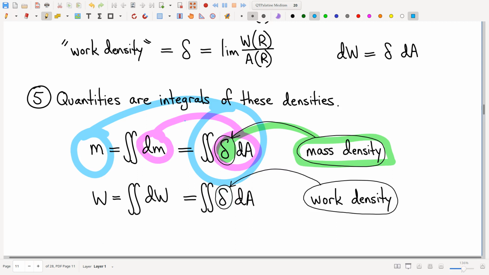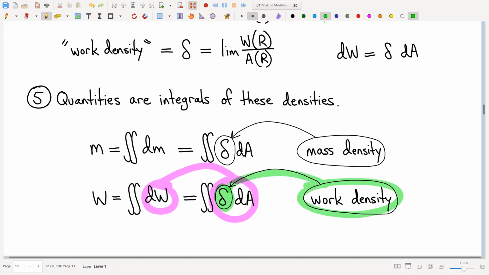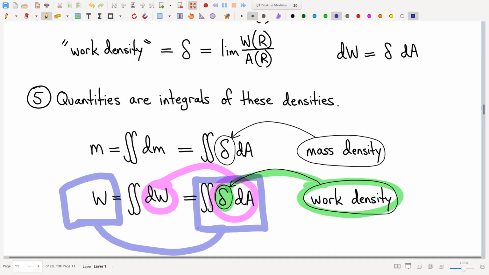So weird though it may seem, maybe a little bit unnatural, we can think of whatever this thing is here, the thing that tells me how to relate work to area, for example what ended up being the integrand in the example on the exam question, I can interpret that as being work density, and I get this theorem that work, the accumulating quantity called work, is an integral of work density.